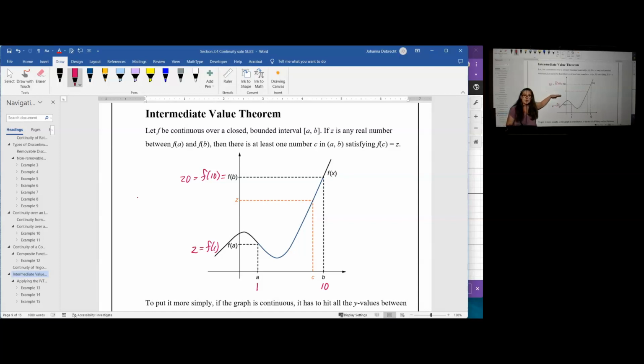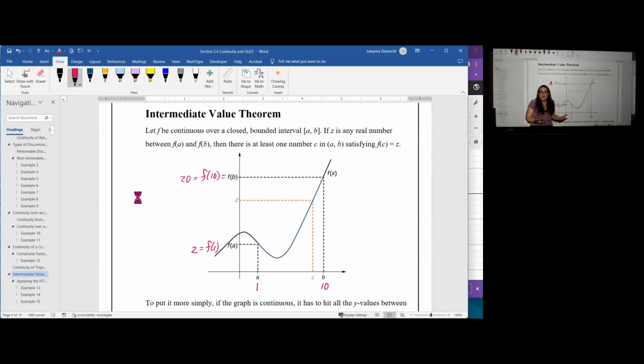Right? So it says, if I have a continuous function on closed 1 to closed 10, then I take any other number between f of 1, which is 2, and f of 10, which is 20. There has to be at least one point C between a and b, 1 and 10, whose y value is that number. Has to be. In other words, you can't get from one point down here to another point up here continuously without hitting every y value in between.